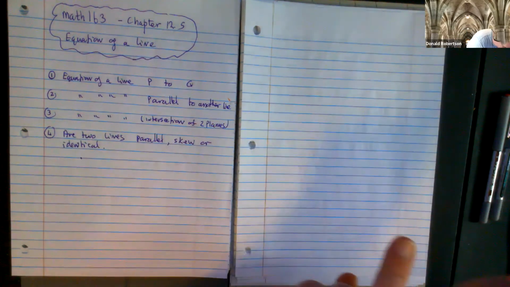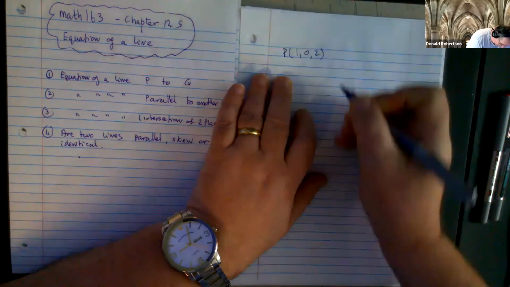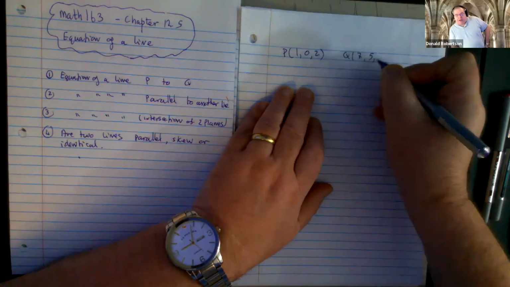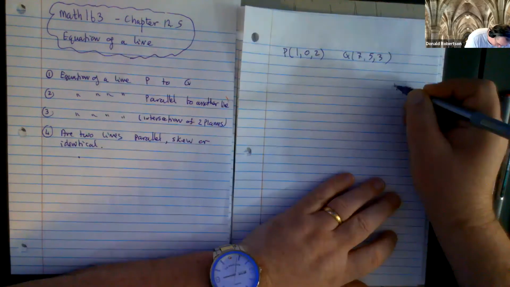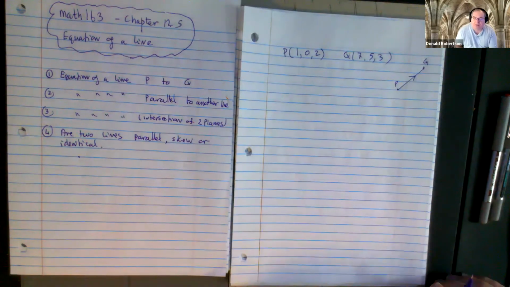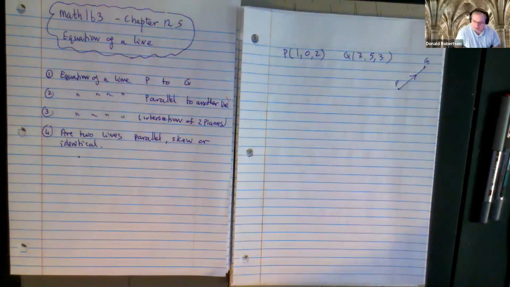So suppose I give you the point P and another point Q, and I want to find the equation of a line joining P to Q. So imagine that's P, over here is Q, I want that line. If you get a question like this, make that the first point, make that the second point, at least we'll all be doing the same answer that way.